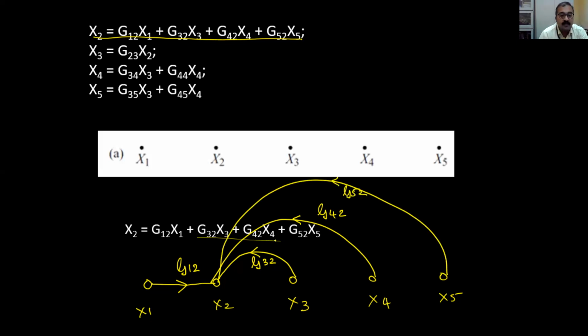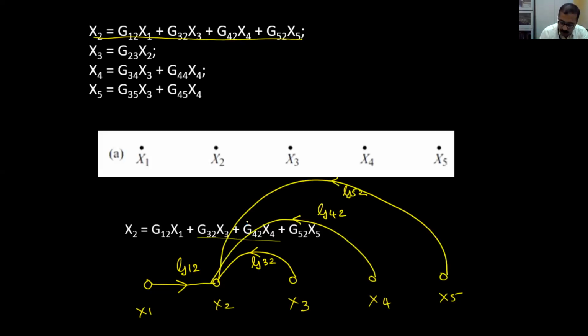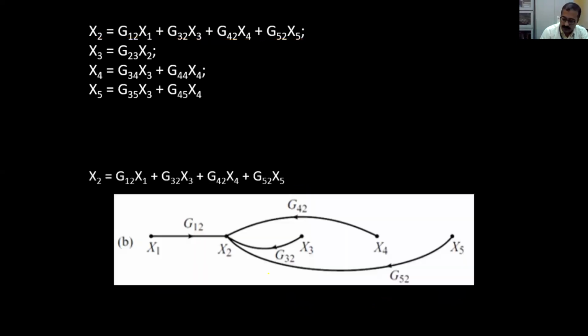So this equation X2 equals G12 X1 plus so on is satisfied. That is what is shown here. Of course, if you want, you can take G32, G42, G52 in the bottom half also. It's your convenience. The only thing is that the signals must remain unaltered.